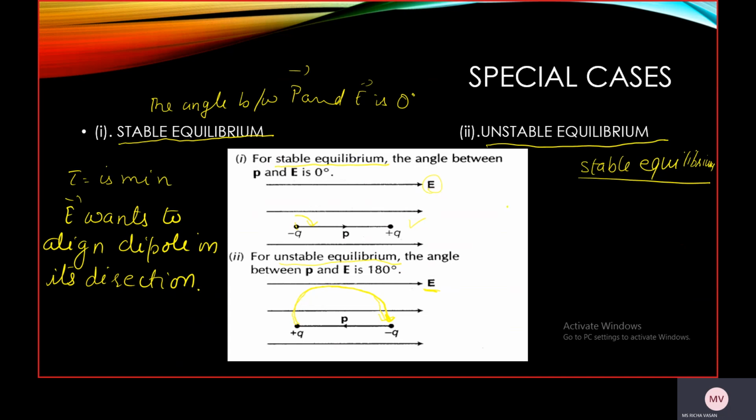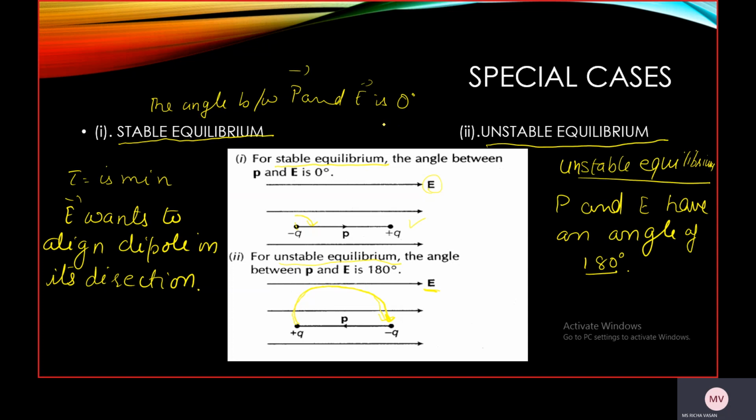So for unstable equilibrium, dipole and electric field have an angle of 180 degree. So if it is asked when the dipole is in stable equilibrium with the electric field, your answer should be that the angle between the dipole moment and electric field is 0.